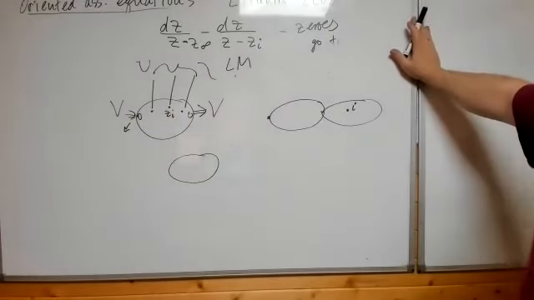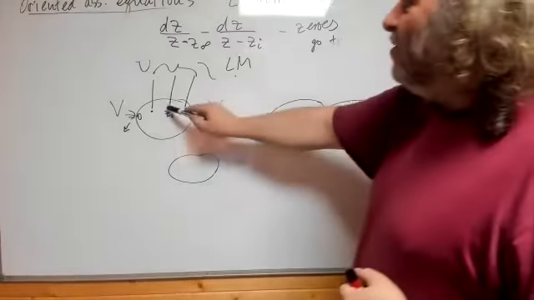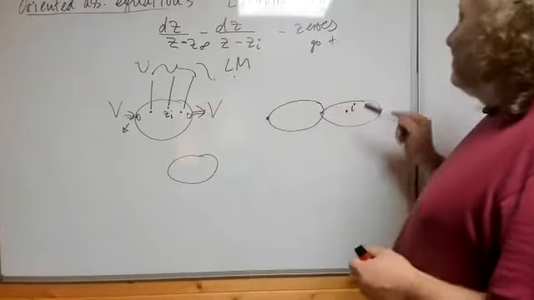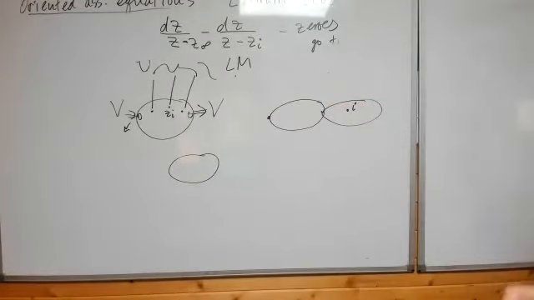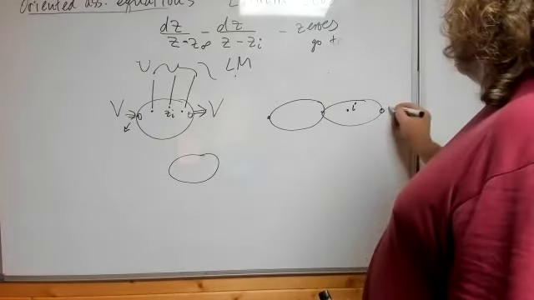So the argument is exactly the same. So 0 is when these points bubble out, go together to infinity.